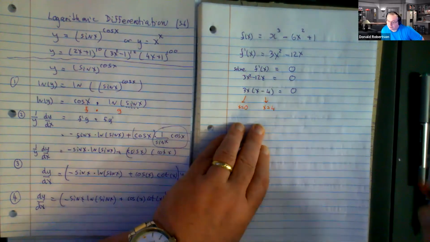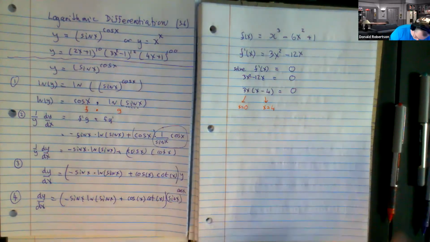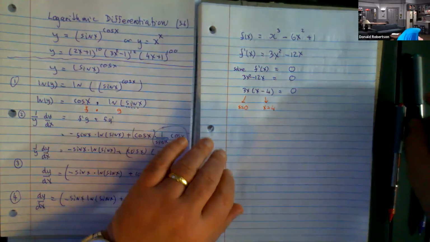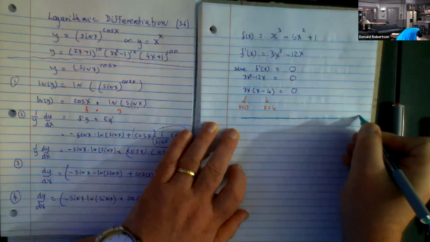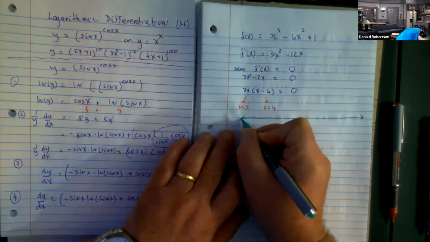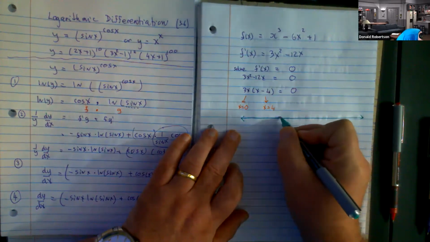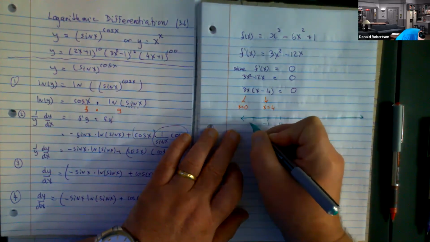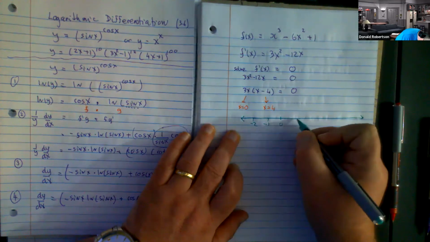So far, so good. Then what you do is you do what's called a table of signs, although it's not actually a table, it's a line. And you put in 0, maybe a -1, -2. Then you go 1, 2, 3, there's 4.